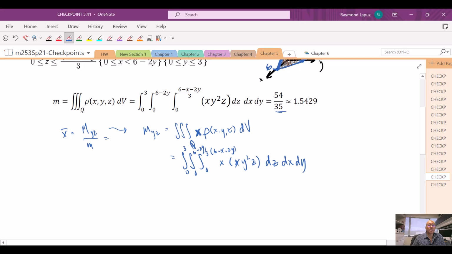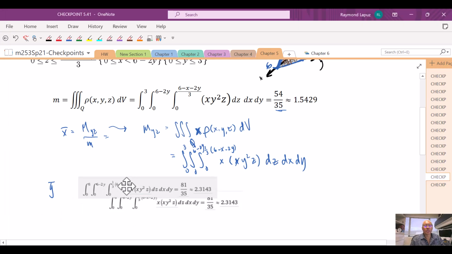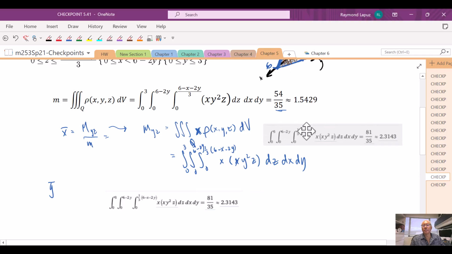And then we also need to figure out the y bar. Well, let's see if we can come up with that. We're just going to punch it into the calculator and get a result. By doing so, we're going to get this result for this first one.